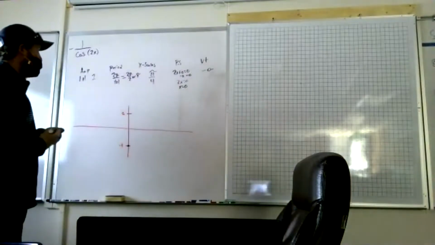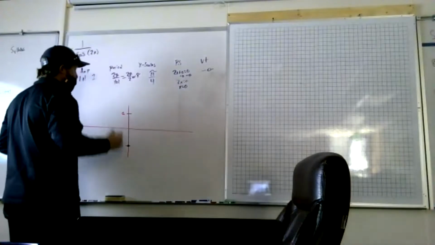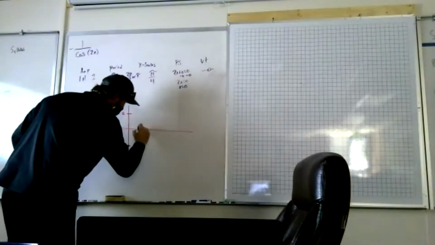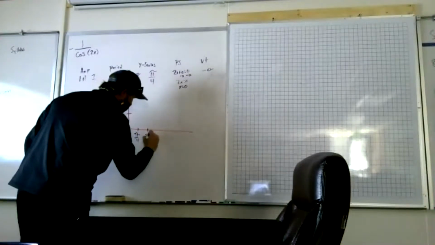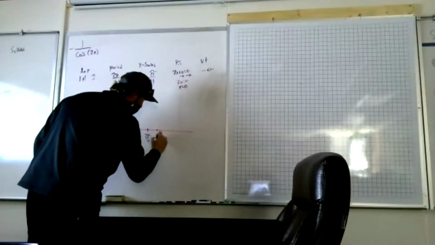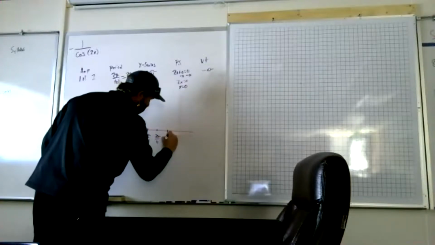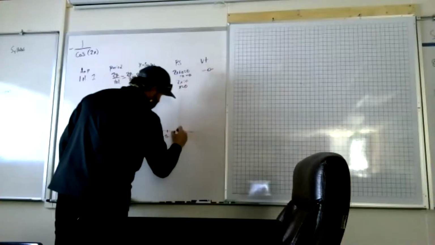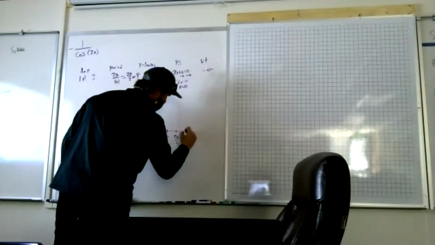Okay, the locations on my x scales was every pi fourths. Okay, so 0 plus pi fourths is pi fourths. And then it would be 2 pi fourths, or pi halves. Then it would be 3 pi fourths. Then it would be pi. Then it would be 5 pi fourths to 6 pi fourths.